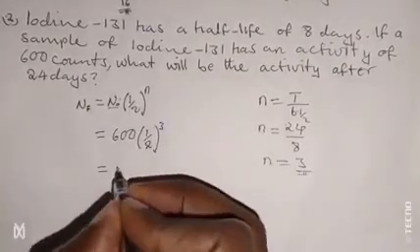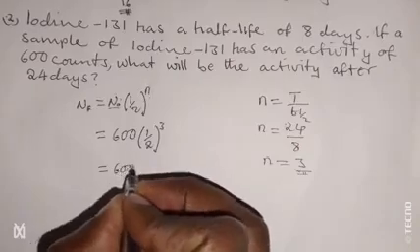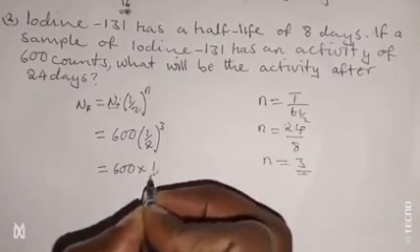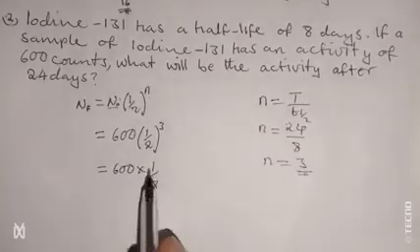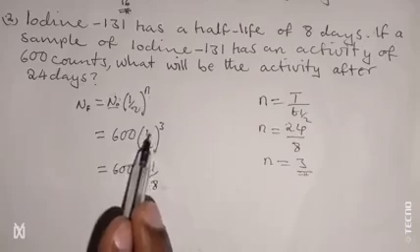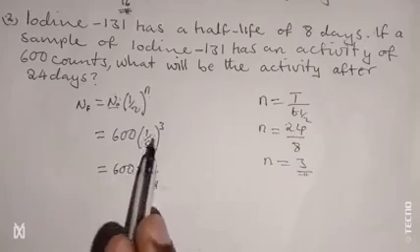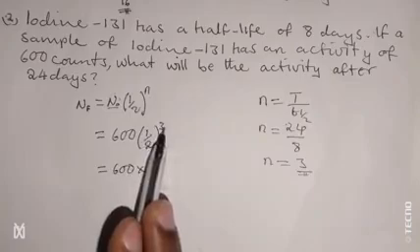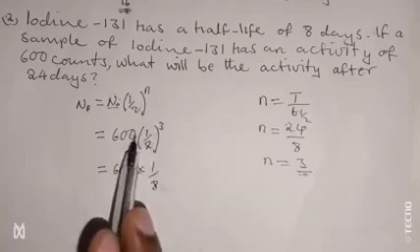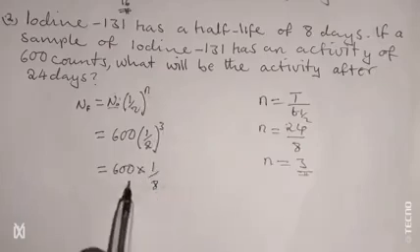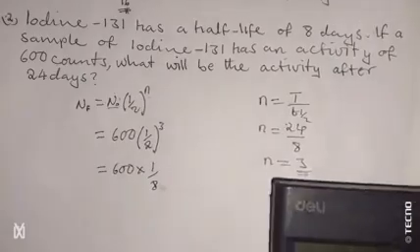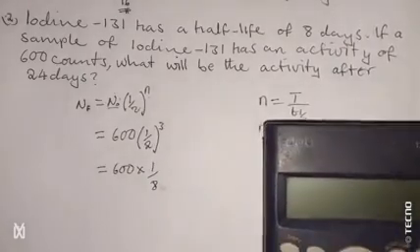Then we say 600 times 1 over 8, where we said that we're multiplying half 3 times, so we get 1 over 8. Then how many times can 1 over 8 go into 600?